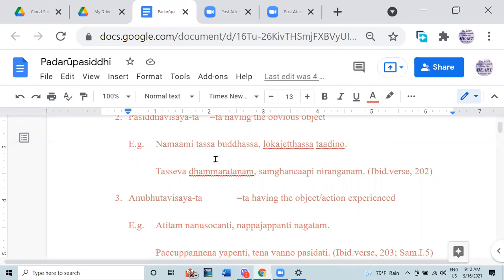So I pay homage to that Buddha, to that Buddha who is the elder in the world, and who has the quality of Tadi, or who is endowed with the quality of Tadi. So interesting. Tadi means Tadiguna. What is Tadiguna? Tadiguna means the qualities of arahants.